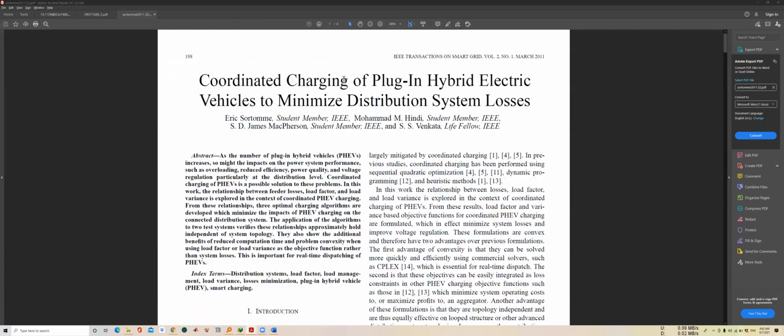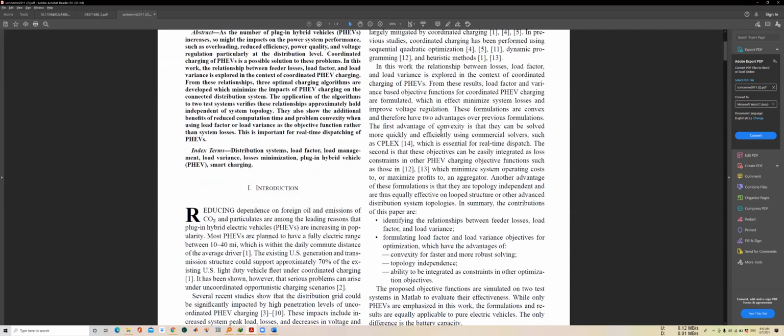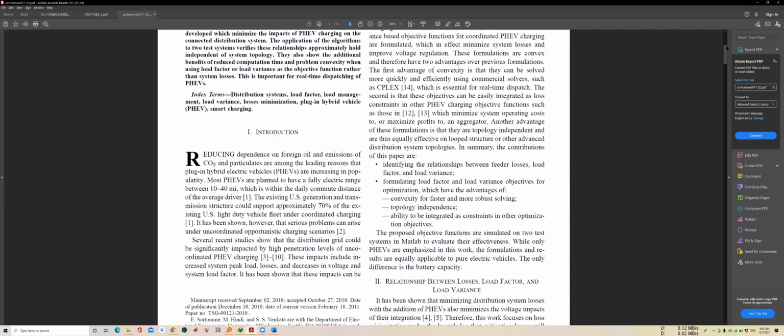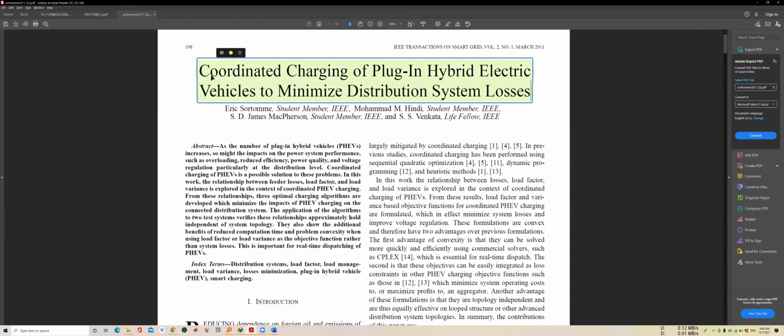So did you do this project before? Coordinated the charging of plug-in hybrid electric vehicles to minimize distribution system losses. What do you mean by before? I mean, did you work on such a project? It is like a straightforward paper, coordinated charging of plug-in electric vehicles to minimize distribution system losses.